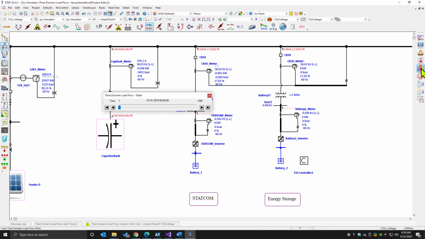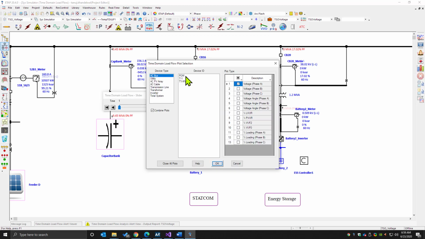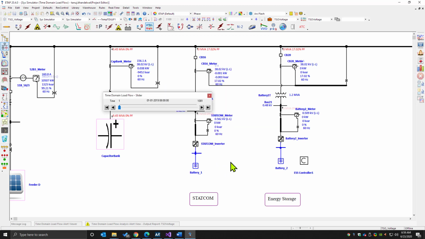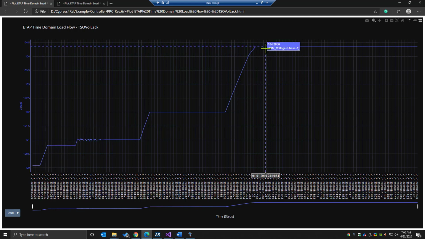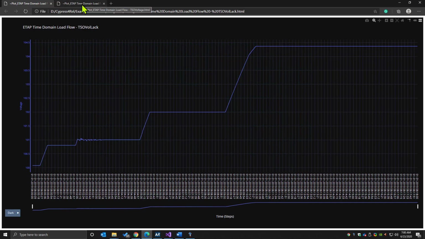So our simulation is now completed. We can go ahead and now open up the POM bus voltage once again, and now compare the voltages with a STATCOM size of 22 megawatts versus a STATCOM size of 30 megawatts. And we can see that in our previous result, as far as voltage was concerned, we were clipped at 104% or so.